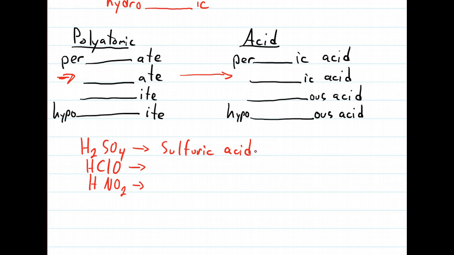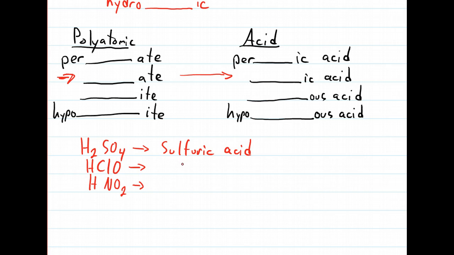Okay, let's look at the next one, HClO. What is our polyatomic? Yeah, it's the chlorine and oxygen. We know chlorate is going to be ClO3, so what is ClO going to be? It's not going to be chlorite; chlorite would be ClO2. Hypochlorite.